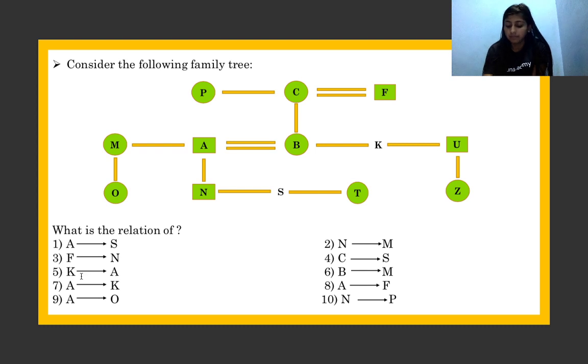Next, K to A. So for A, wife's brother or sister is K, right? So K will be either brother-in-law or sister-in-law of A. And who is A? A is the brother-in-law of K because sister's husband.